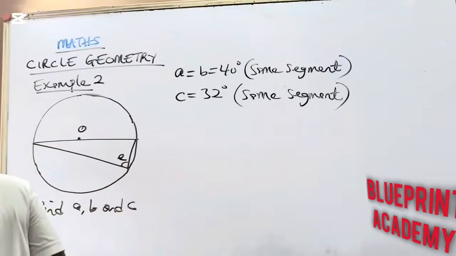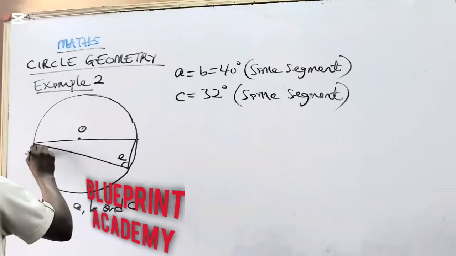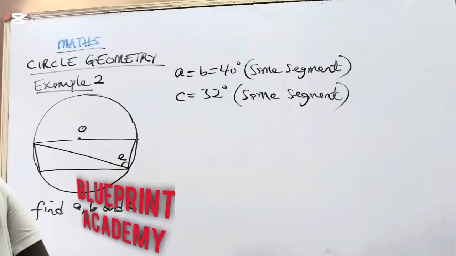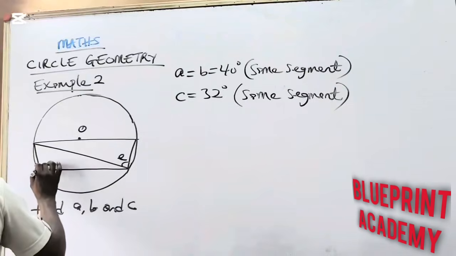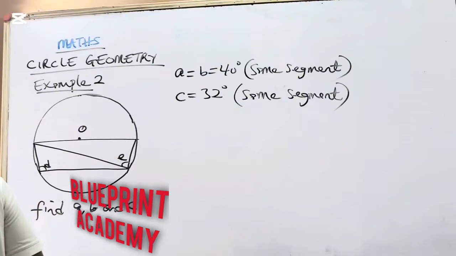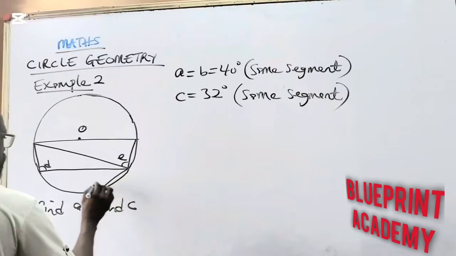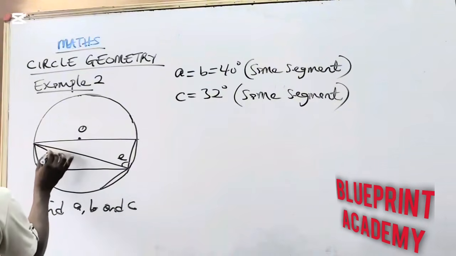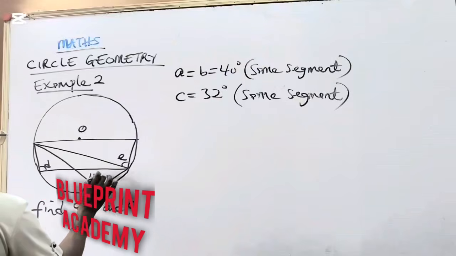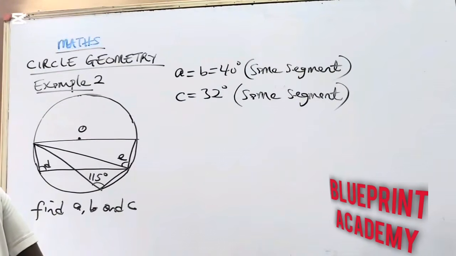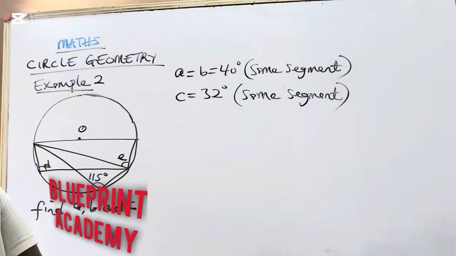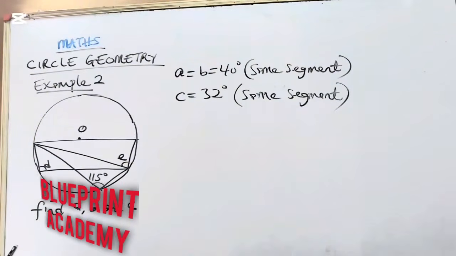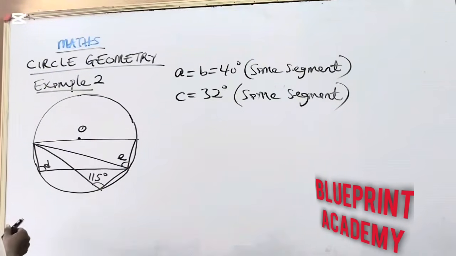Point E. Okay, this is all we have. We have to look for the value of D and E. The value of D and E.